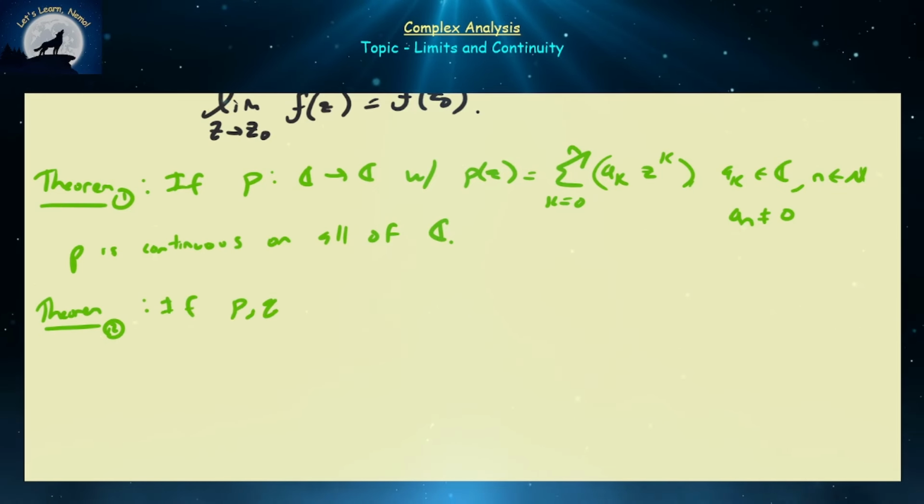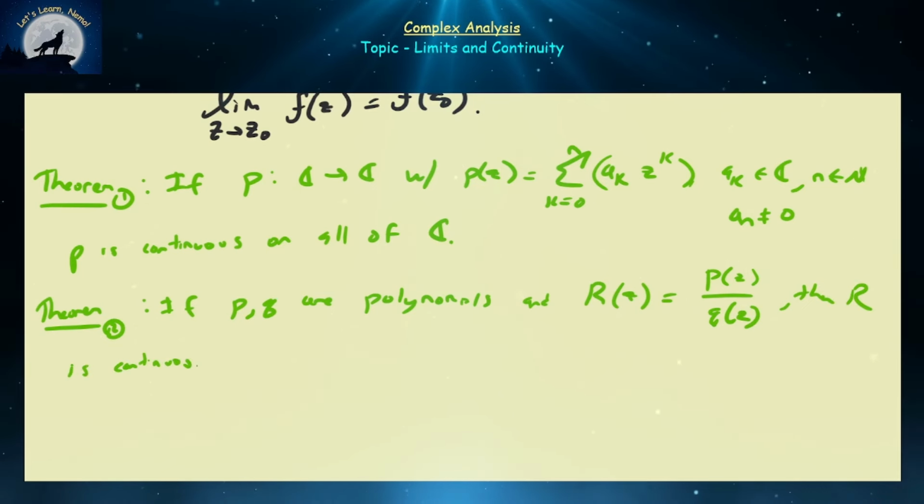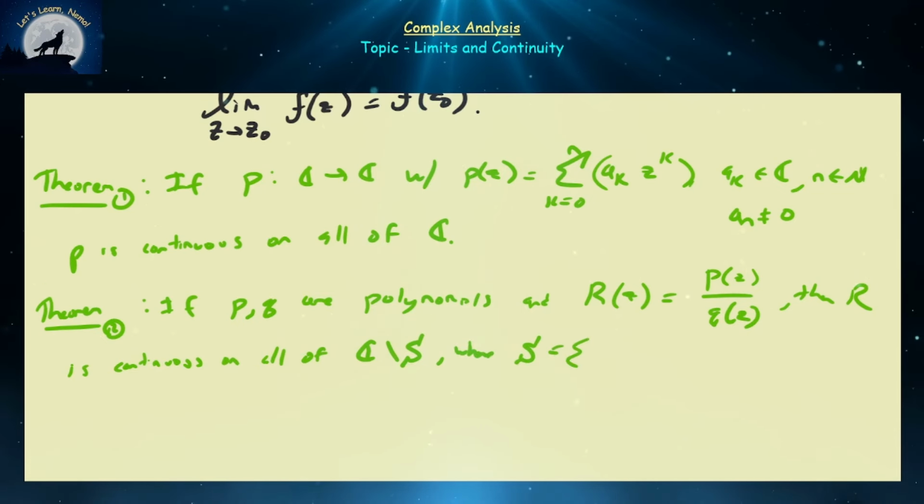Now, if P and Q are polynomials, and we define R of z to be equal to the quotient of those polynomials, so that means R is a rational function, then R is continuous on all of C, take away this particular set S, where S is the set of all z such that Q of z is equal to 0.